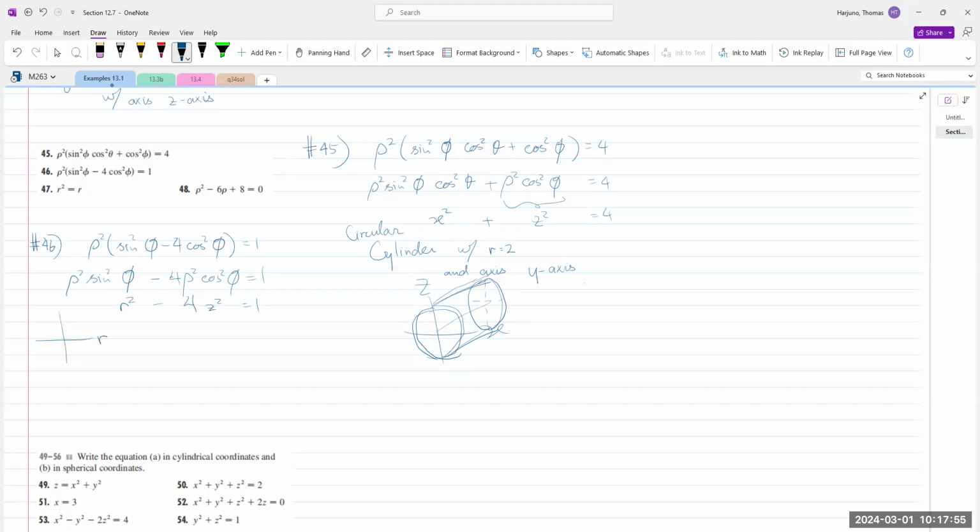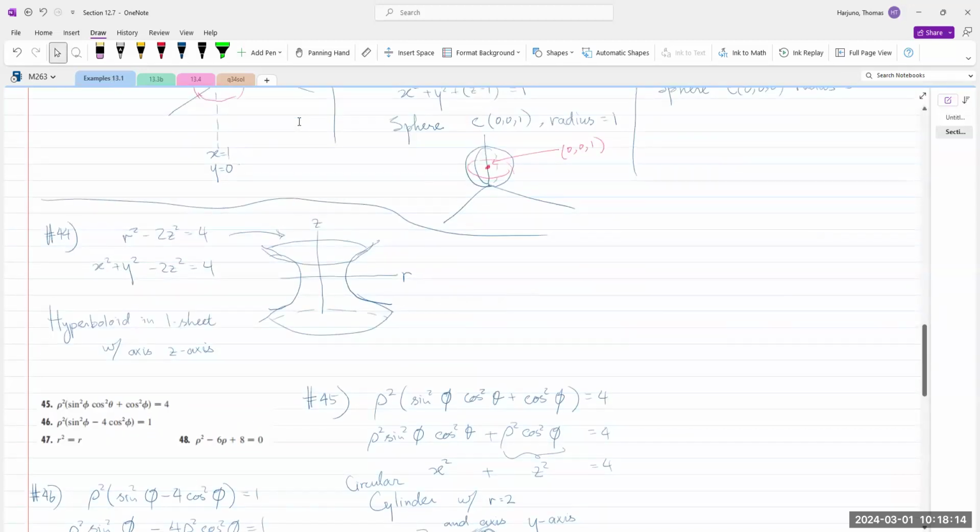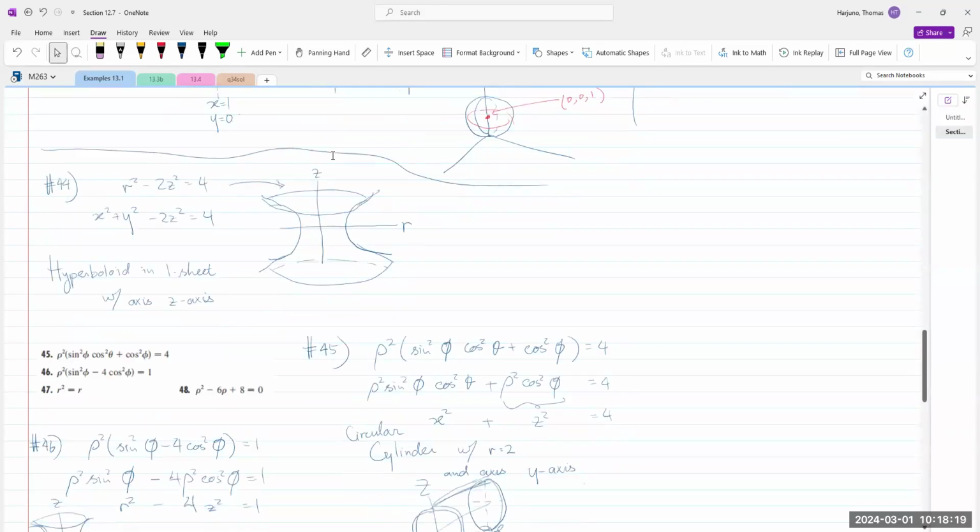If this is r and this is z, it will look like this, and then we rotate that around. Oh, hyperboloid again in one sheet. We have something that looks like that, right? You see that this is basically r squared minus something z squared equals a constant.